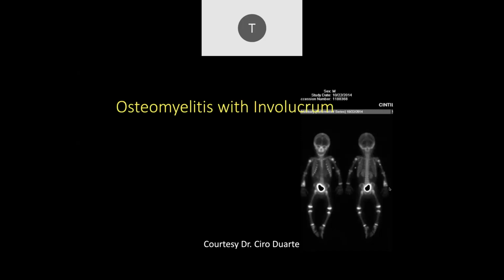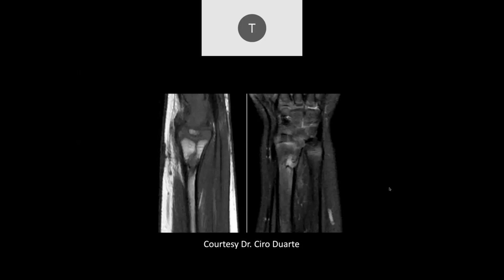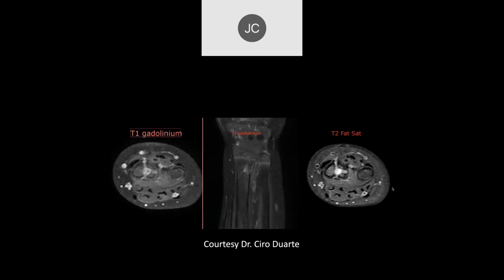Okay, involucrum. Now, do you know what an involucrum is? It's the stage before a sequestrum. Well, the involucrum is actually new bone formation; this isn't the best example of it. It's new bone formation on the outside of dead infected bone, and it's the body's response to try to contain the infection in the bone without systemic spread.